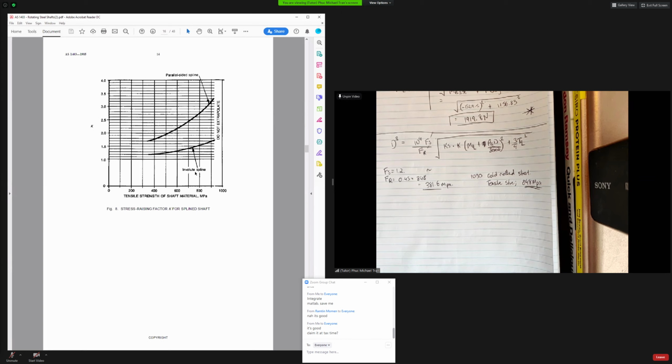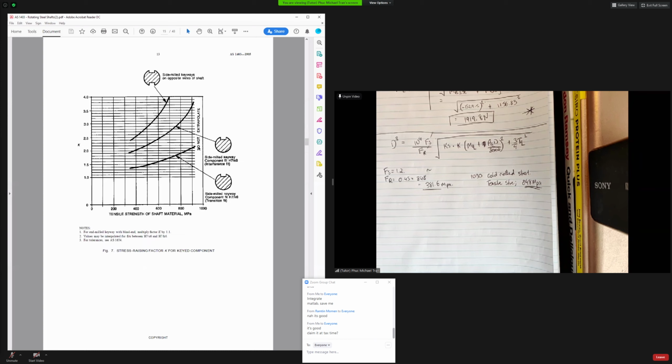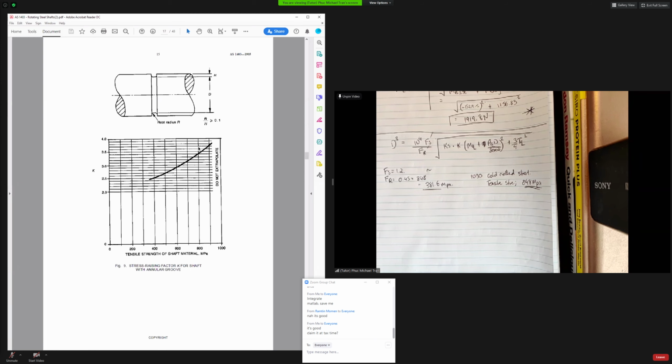I'm pretty sure involute spline is if your spline teeth aren't mirrored. Don't fact check me on that. There's also stress relieving grooves. If you have one of these grooves in your system, you just go to this table and look at it.